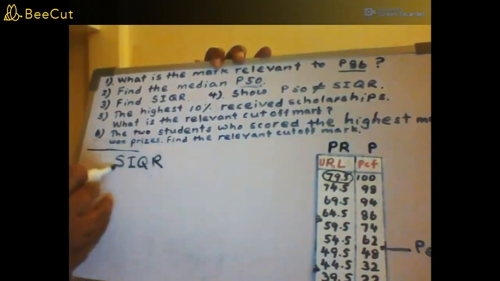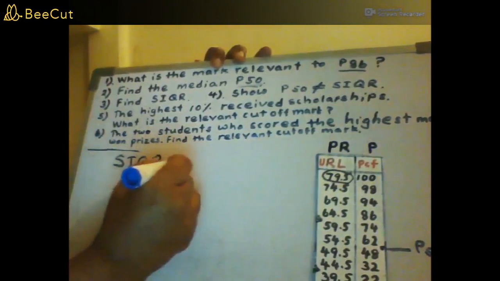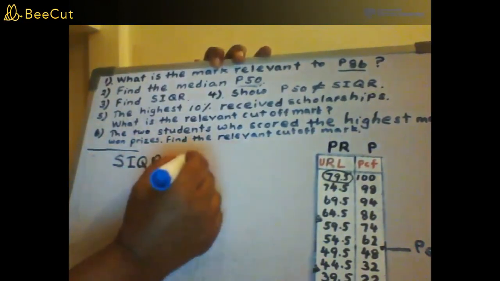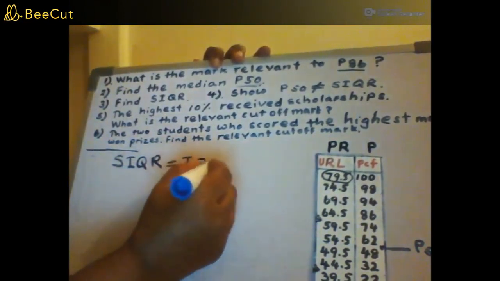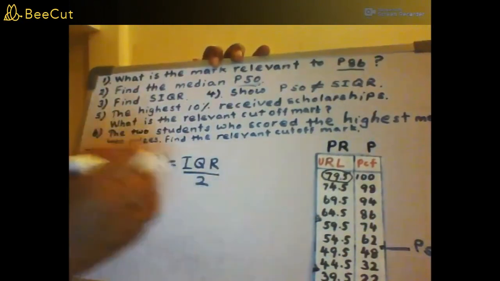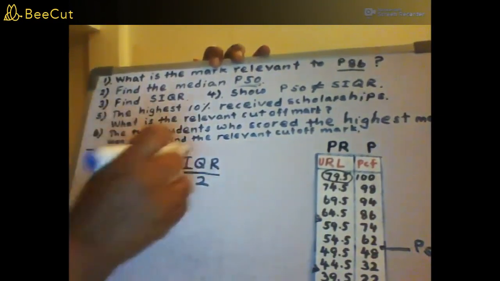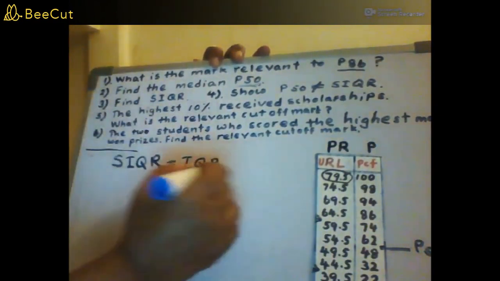SIQR, semi-interquartile range, right? That is IQR divided by 2. IQR means interquartile range.